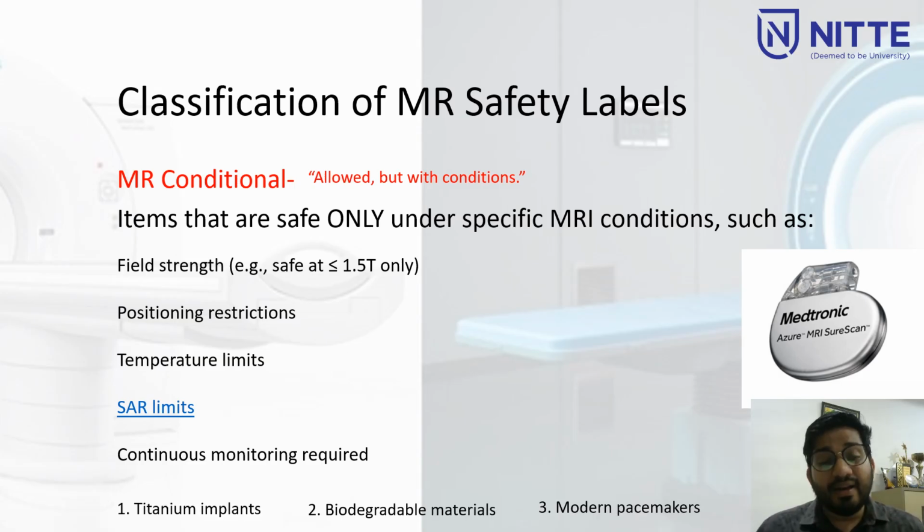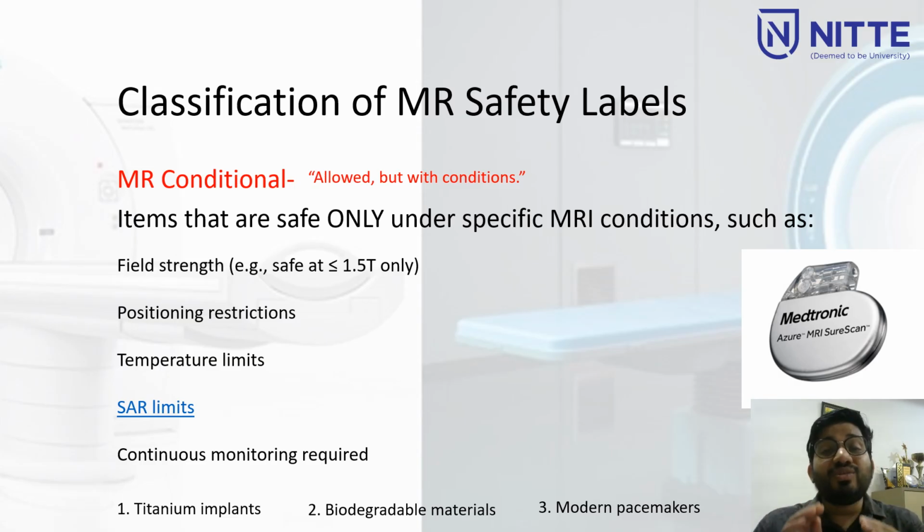For example, titanium implant is not attracted to magnets, so it is safe, but there are some conditions. They can heat or distort image quality. Positioning restrictions ensure the implant stays in a safe orientation and distance from the center of the magnet.